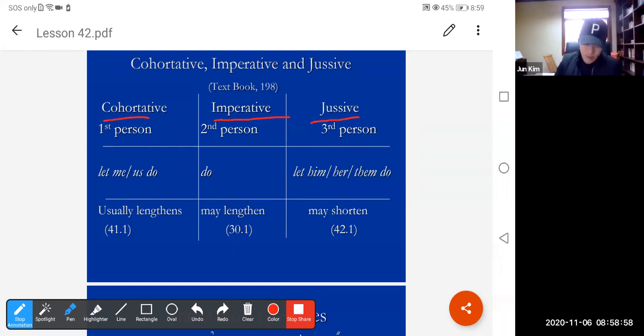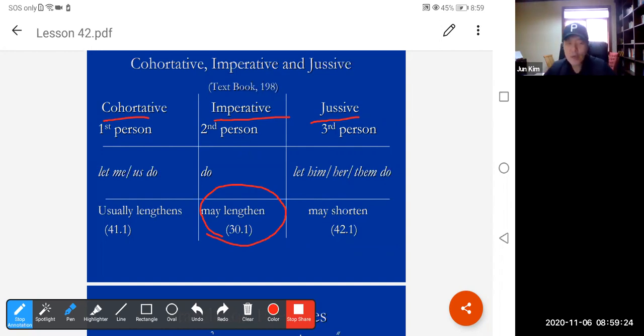But let's look at this. It says may lengthen. What does it mean by may lengthen? It's not always or usually lengthened, but may lengthen. Do you remember the emphatic he? Yes, it refers to that one. But the emphatic he will not take place all the time for the imperative.